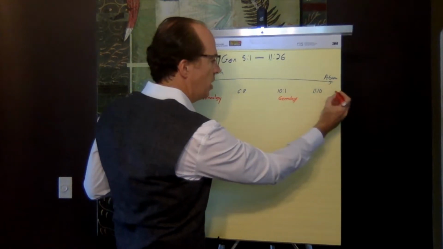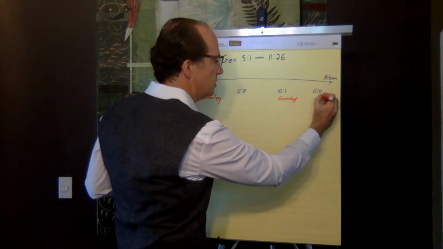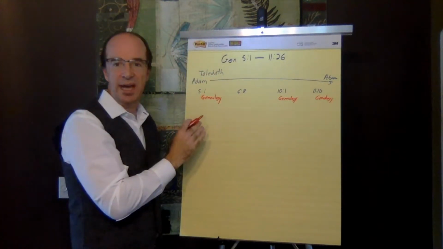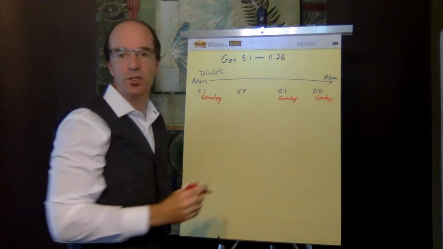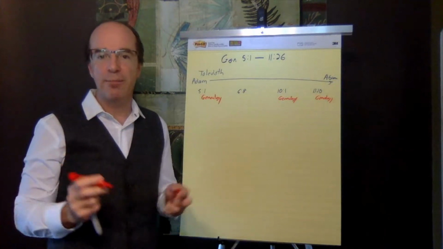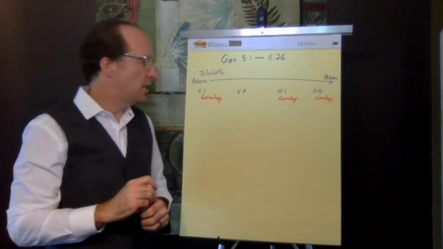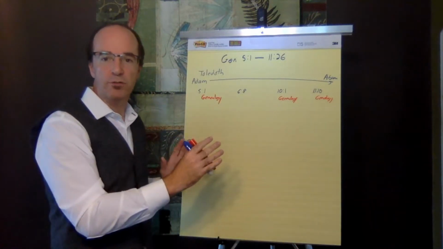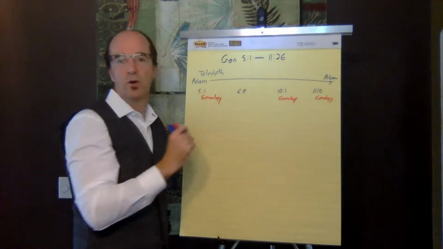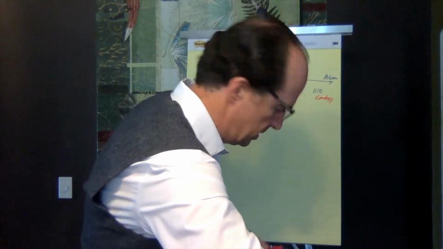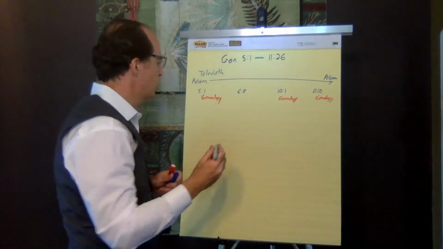And then the last genealogy that we have is in this section. Note that this text begins and ends with a genealogy. So genealogies frame out the account, and then we have narratives embedded in these. So essentially we have a framework of genealogies with toledoth statements that have narrative embedded inside of them.